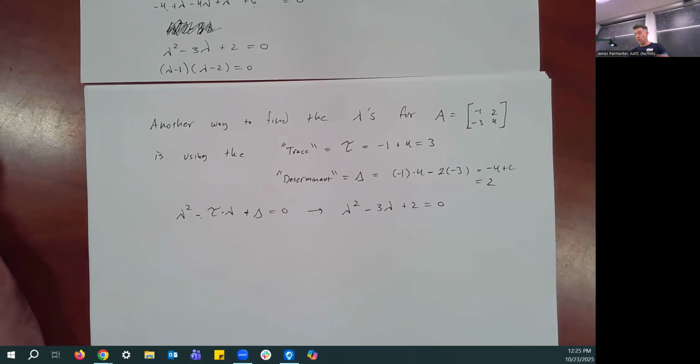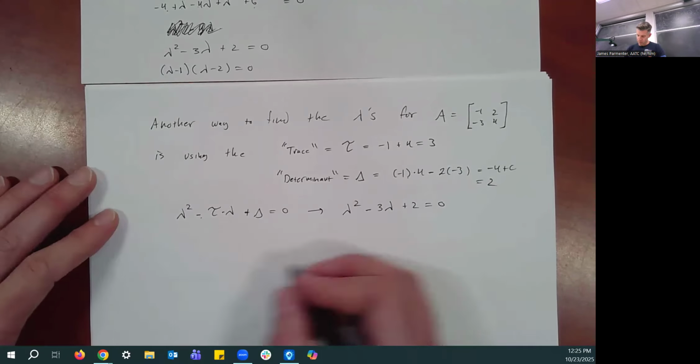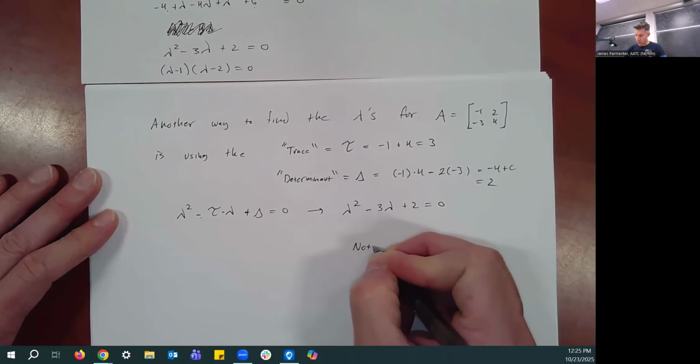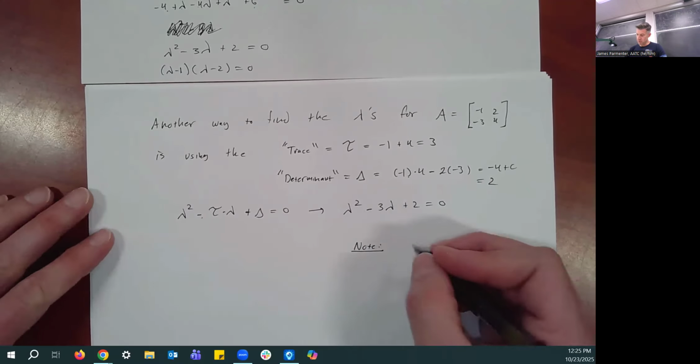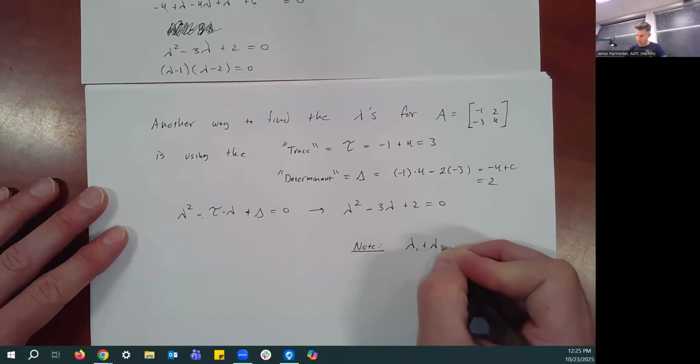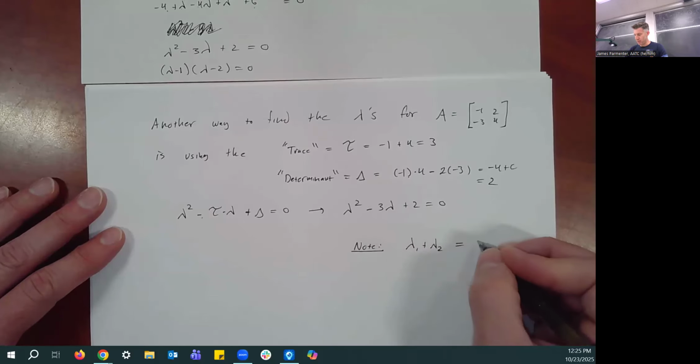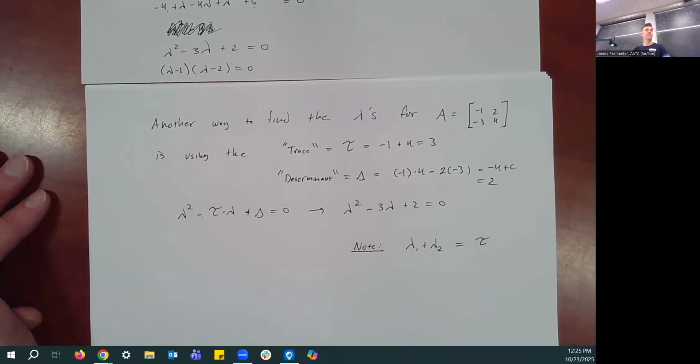Two other things I'll say because I think they're worthwhile. This is just something that's kind of neat. Note, and this is always true, the eigenvalues, lambda 1 plus lambda 2, add up to the trace. And they do.